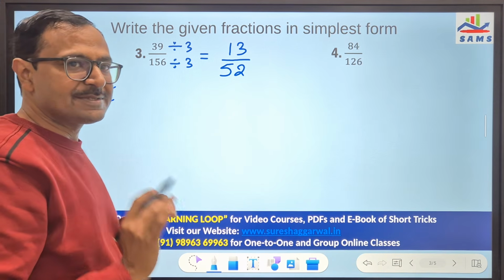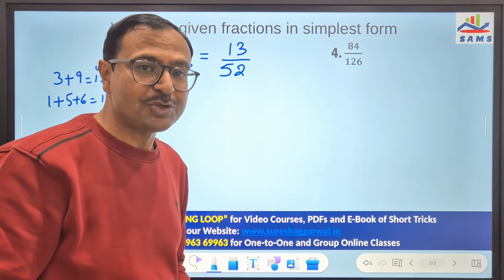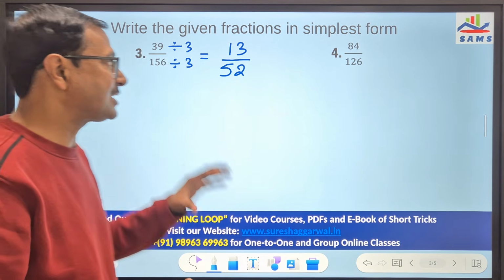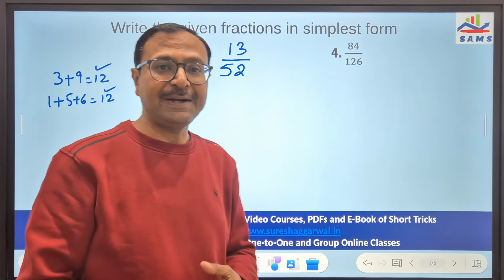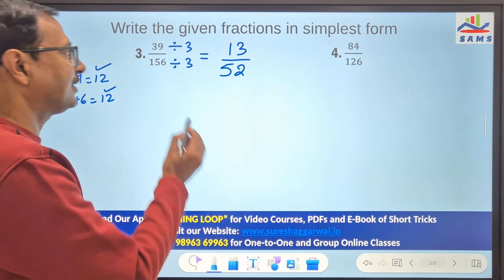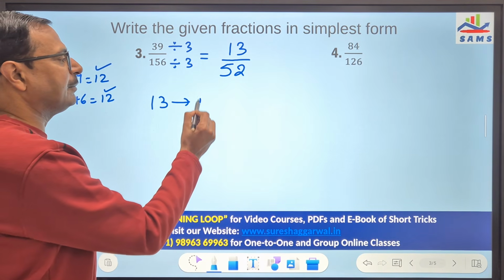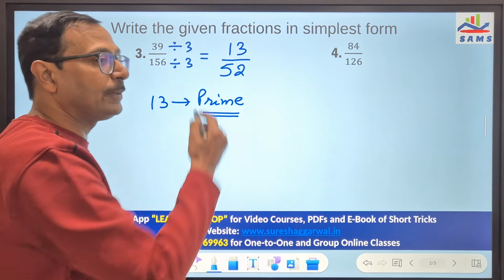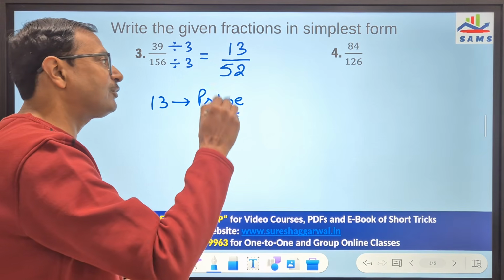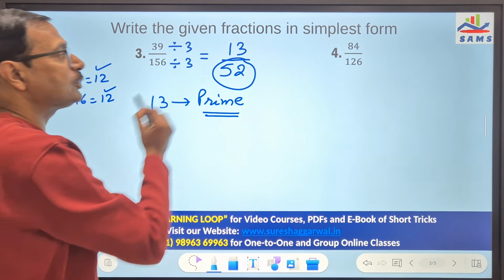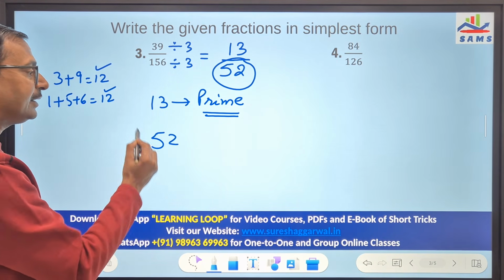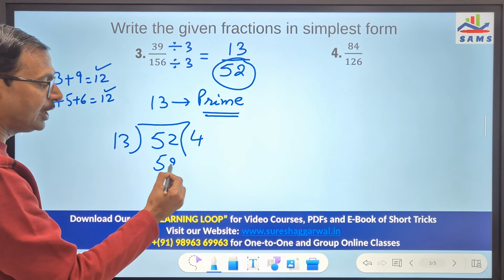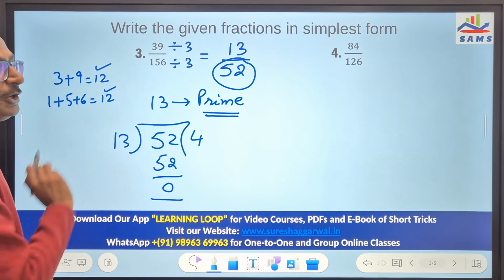And now comes the important part. Many of the students will feel like 13 upon 52 is the simplest form of this fraction. But it is not the case. See here, 13 is a prime number, right? And whenever you obtain a prime number either in numerator or denominator, you have to check the divisibility of the composite number by the prime number 13, and you will find that 13 fours are 52, exactly divides 52.